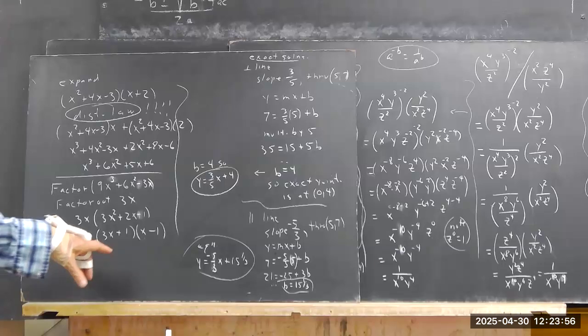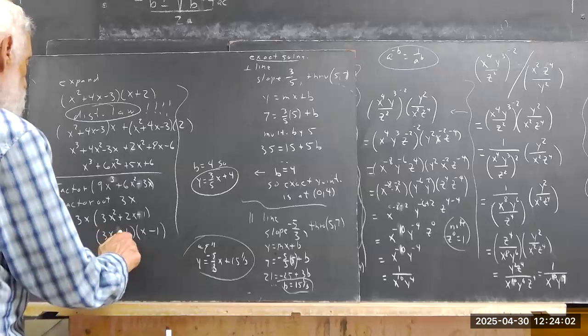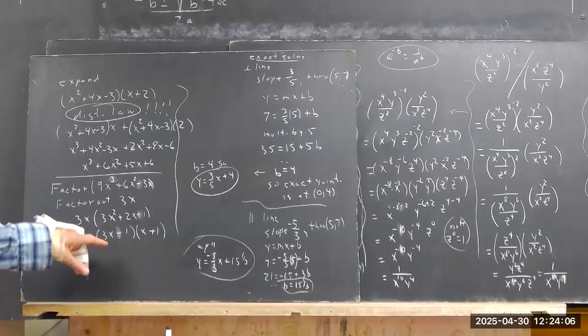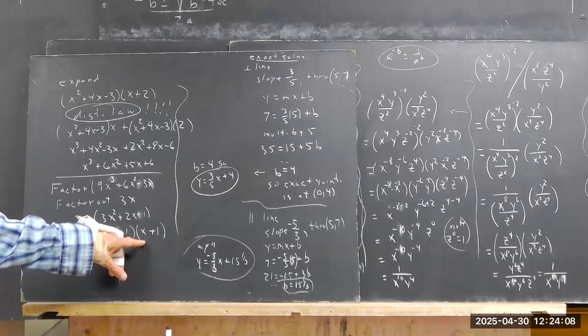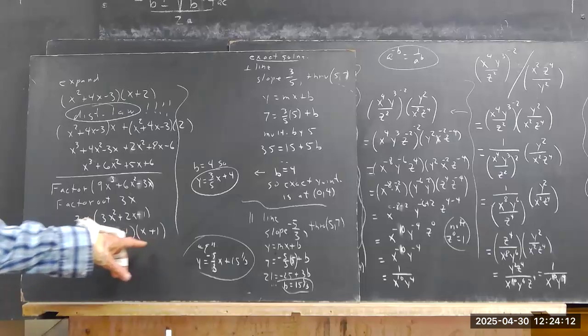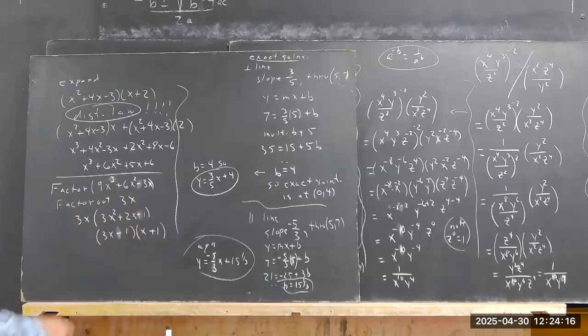So now, plus 1 here and a minus 1 here. Then when I multiply this out, I do get 3x squared. I get minus 1 times x plus 1 times 3x, which is 3x minus x, which is 2x, and so forth.